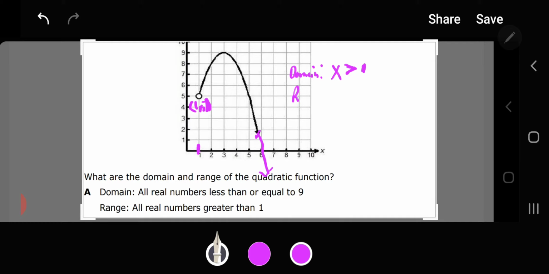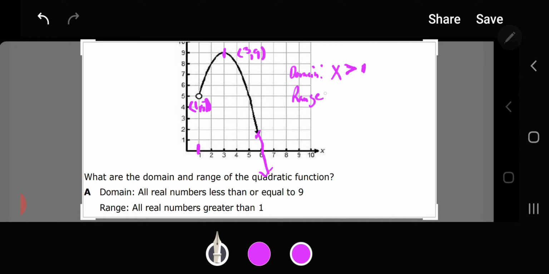And our range, once again, looking up and down. Well, the highest point that we ever get to is over here where x is 3. Once again, we're just looking at the y values for range. But at this point, 3, comma 9. That's the highest we get to. The lowest we get to, well, we continuously go down forever, so there is no lowest point.